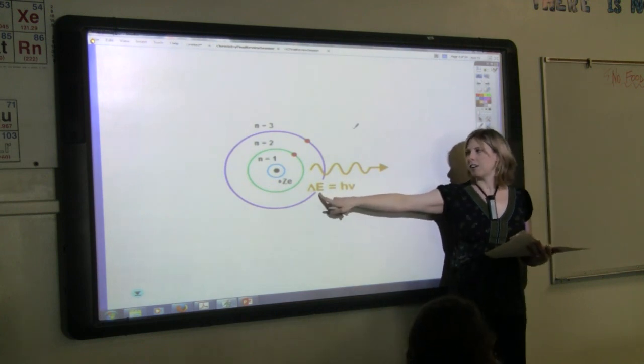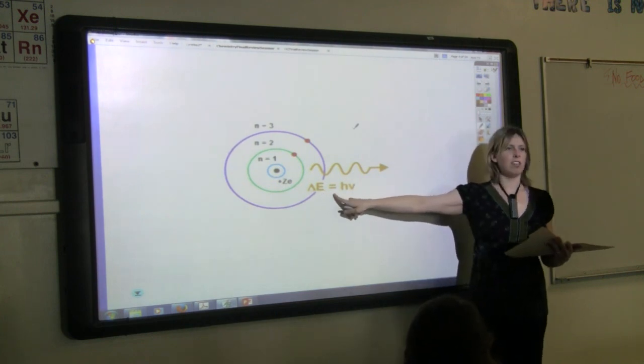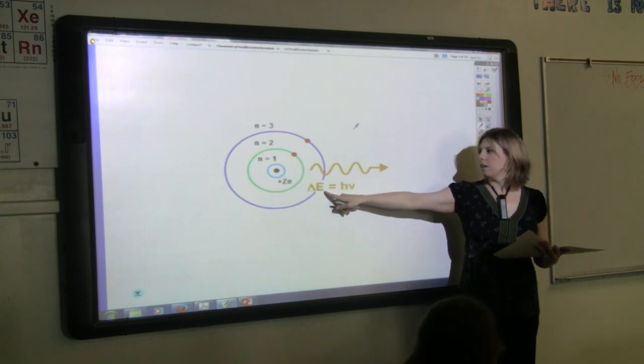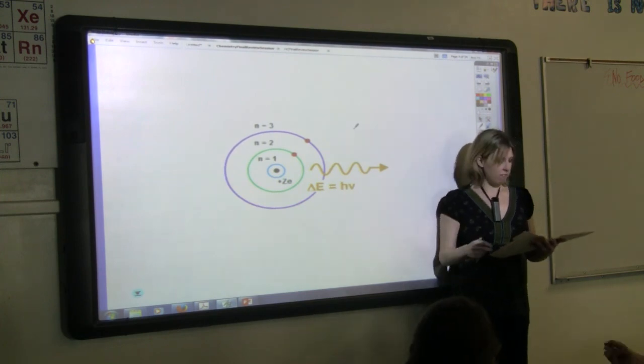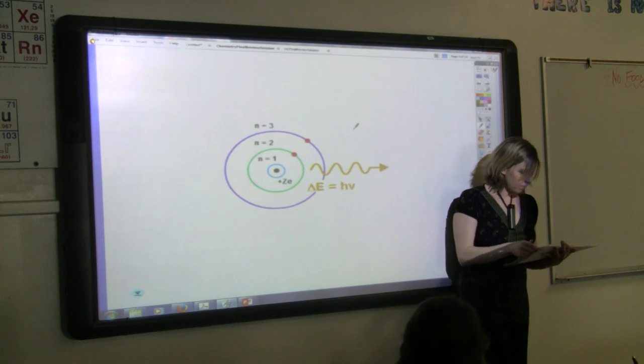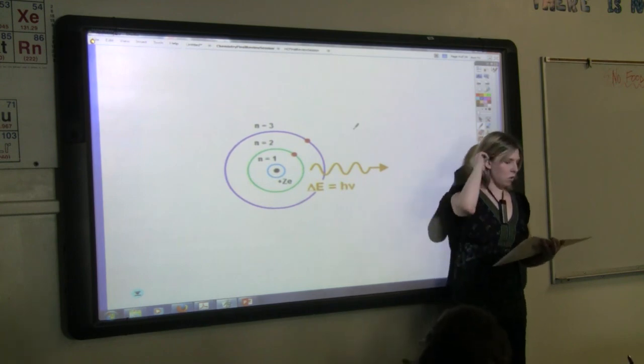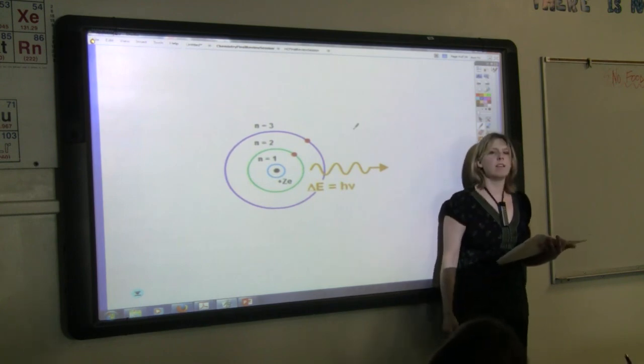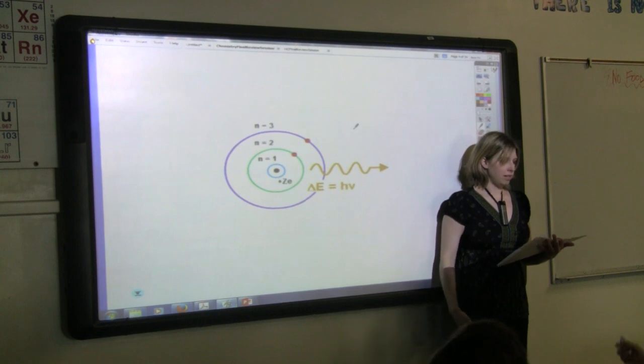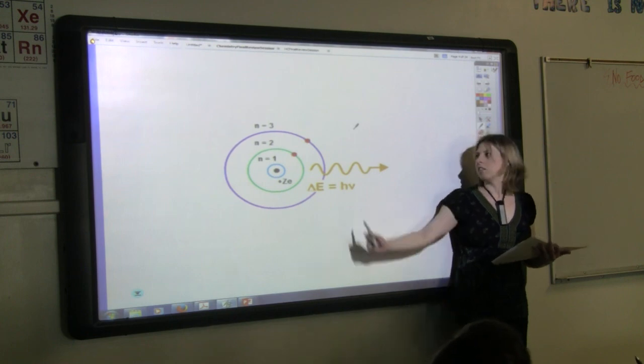The equation for calculating the energy required, E equals hν. So if I asked you, what is the energy released from a wavelength of light that has a frequency of 5 times 10 to the negative 14th hertz, this is what you would use.